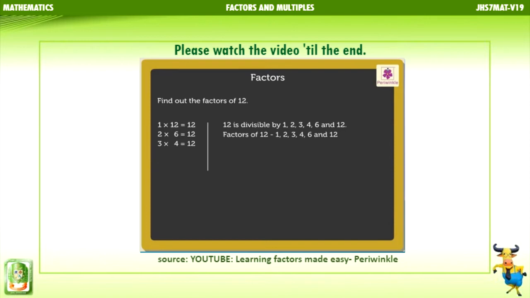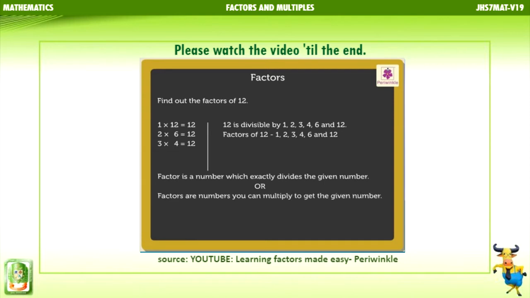Hence, we can define factor of a number as a number which exactly divides the given number. Or we can say that factors are numbers you can multiply together to get a given number.